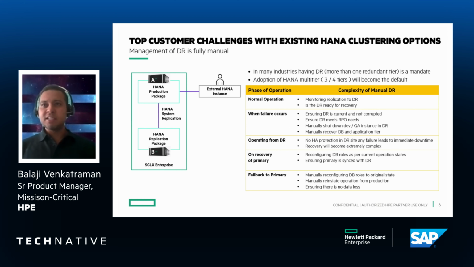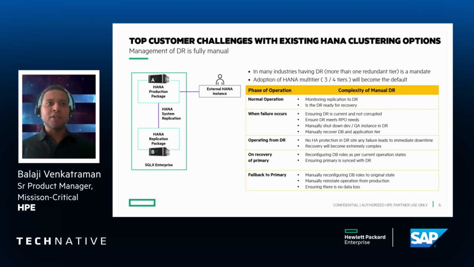Several studies have shown that operator errors are the number one cause of downtime during such failure instances, because the pressure in the system is high, and you're doing a bunch of manual steps, and it's always error prone. Then there's the whole task of ensuring that the DR is current and meeting your RPO needs, then shutting down any dev and QA instances, and then doing a recovery. It's a lot of work, and it's fraught with risks when you do it manually.